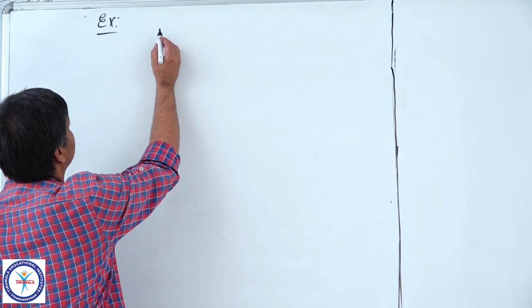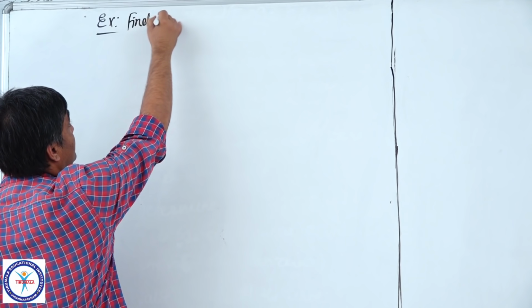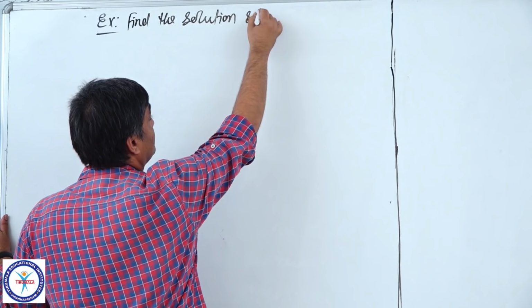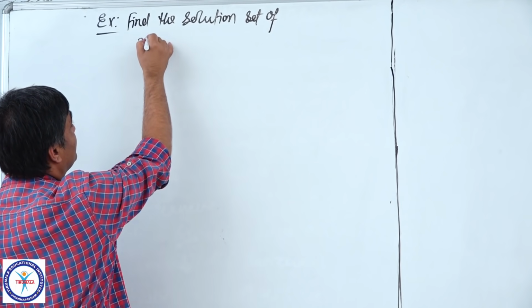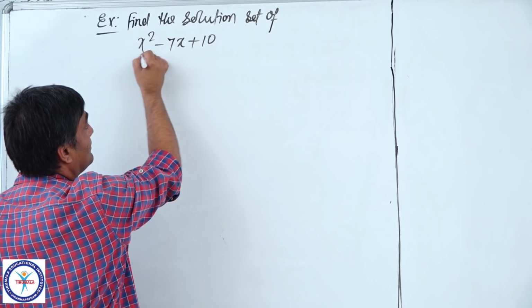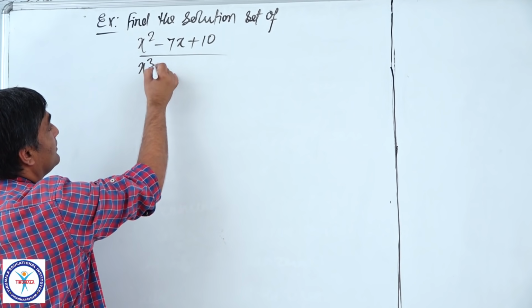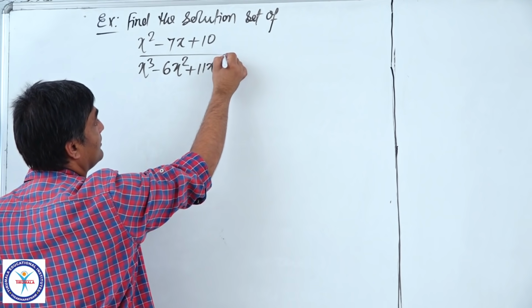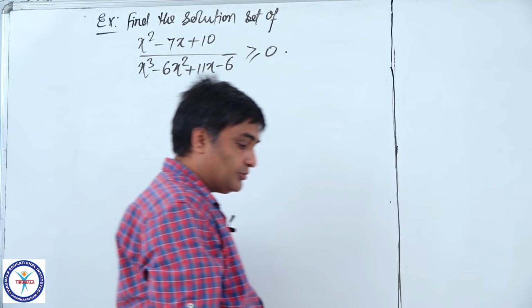Suppose a question like this: find the solution set of x square ... greater than or equal to 0.